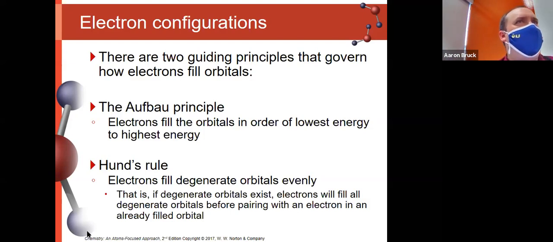Kind of makes sense, right? The electrons are going to go where they are going to need the least amount of energy in order to exist. Otherwise, they've got to be constantly absorbing energy to maintain an excited state, to maintain those higher energy levels. And we know that that's not always possible.